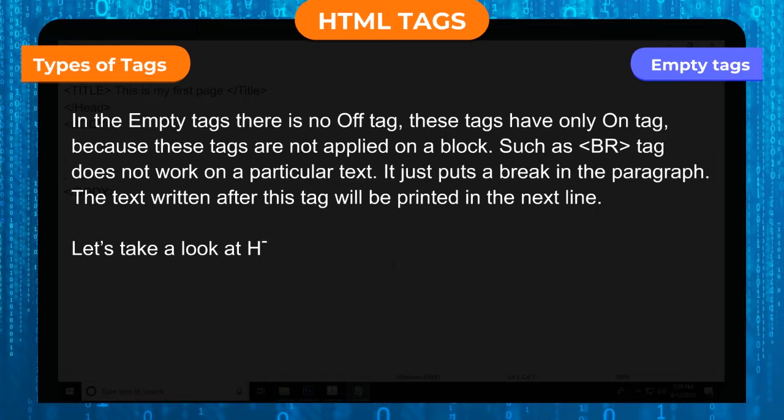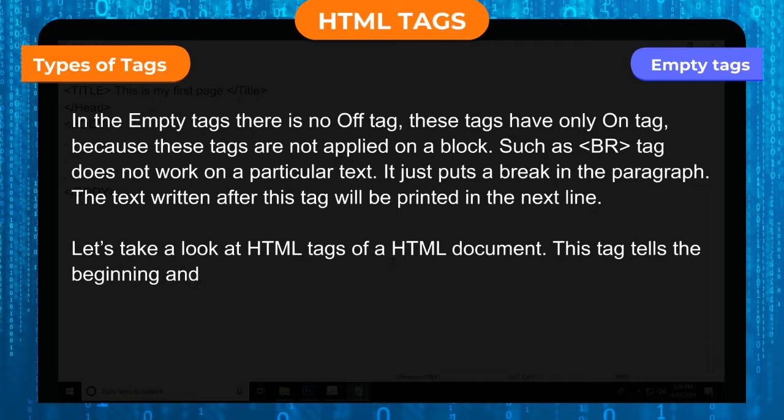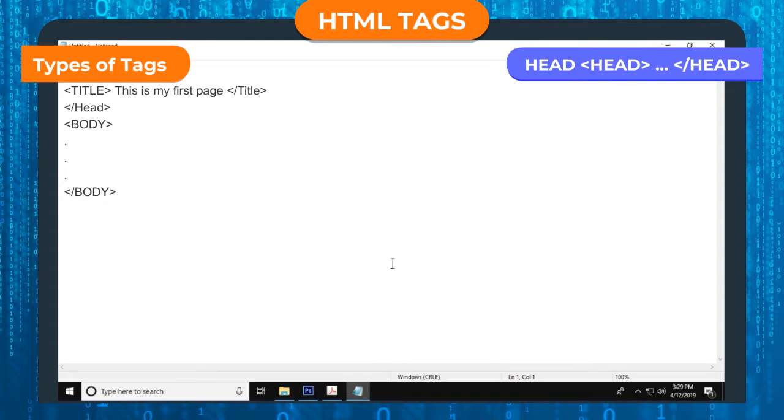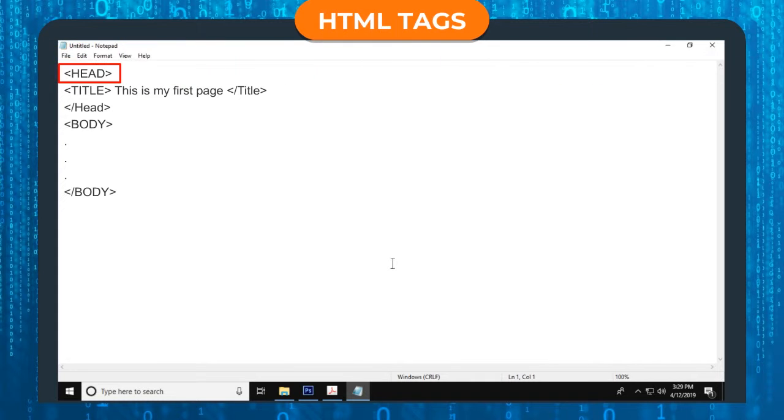Let's take a look at the HTML tags of an HTML document. This tag tells the beginning and end of an HTML document, and the HTML tag contains both the parts, head and the body of the HTML. Head. Tag head. Close tag head. Each HTML document includes the header part.